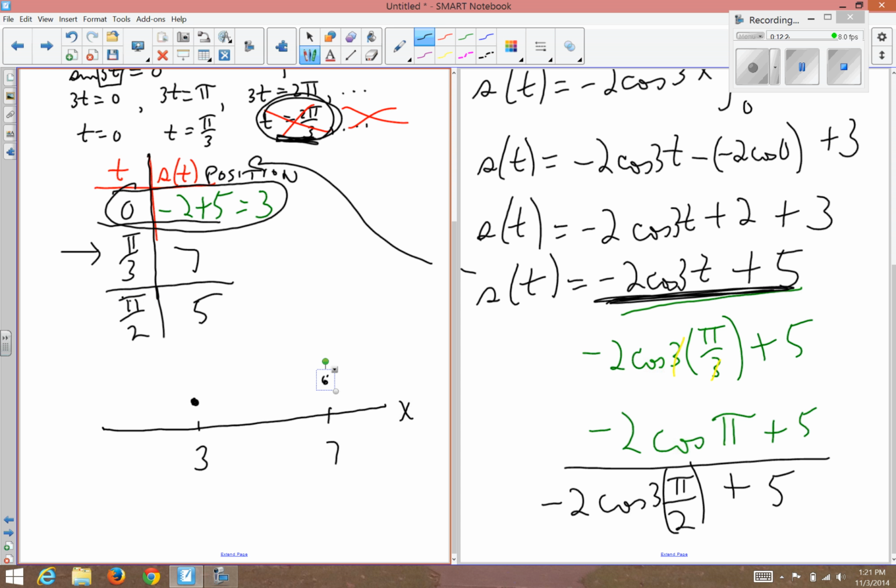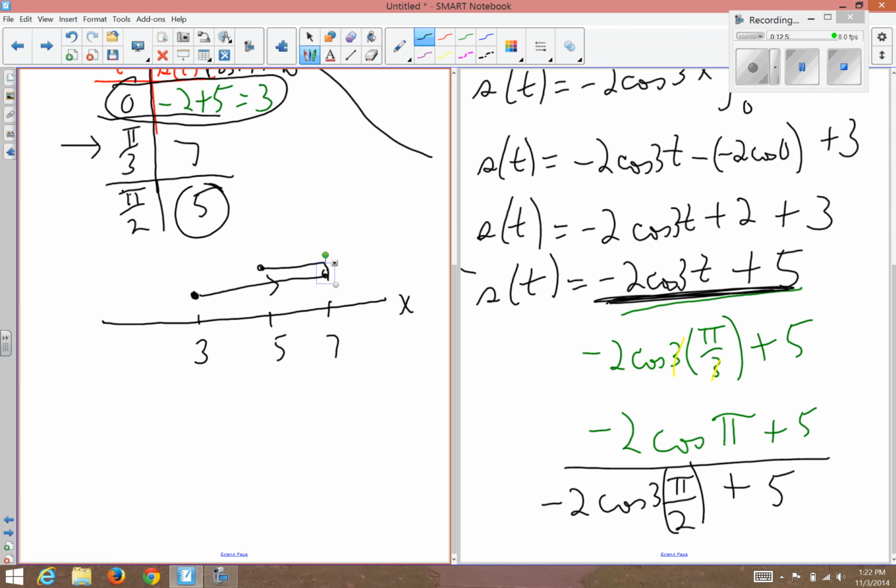So it went from 3 and then it went to 7. And then a little more time goes by, and this is the position right here. This is not drawn to scale. So it's moving on the line. It starts at 3, goes to 7, and then it goes to 5. This is the journey of something moving on the x-axis.